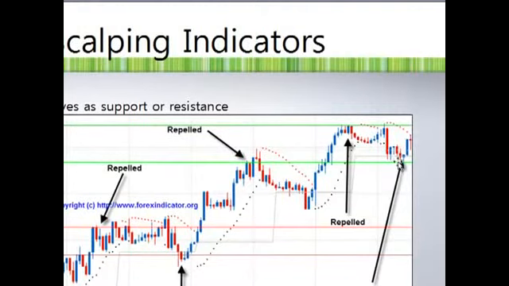Now we are going to combine all these three indicators to form a scalping strategy. Let's take a look at this trading example. We have a picture here. You can see that we have a parabolic SAR, a slow stochastic indicator, and a pivot point.